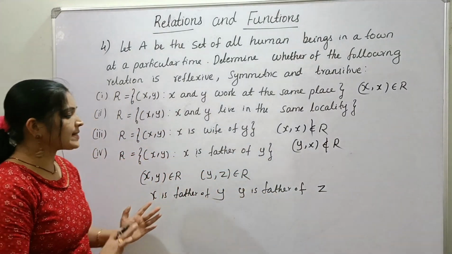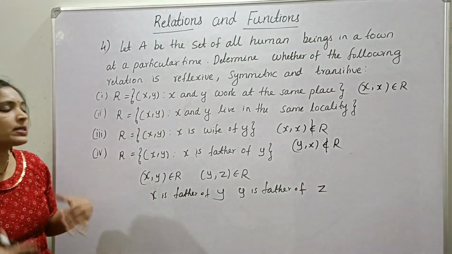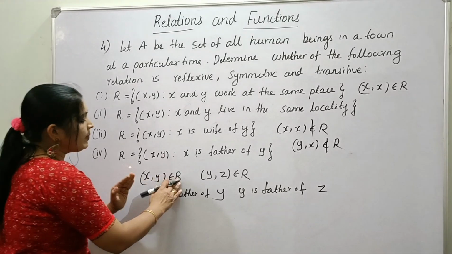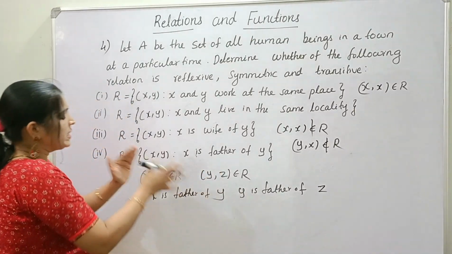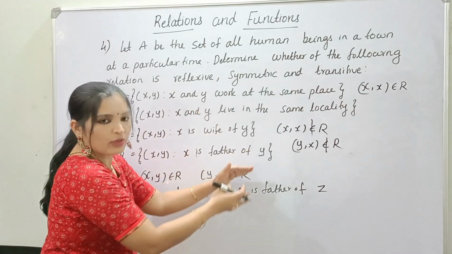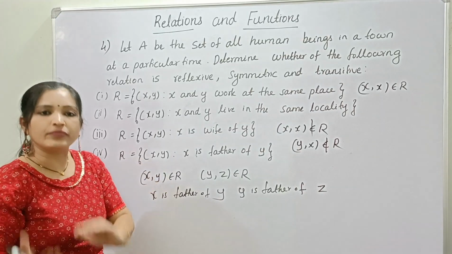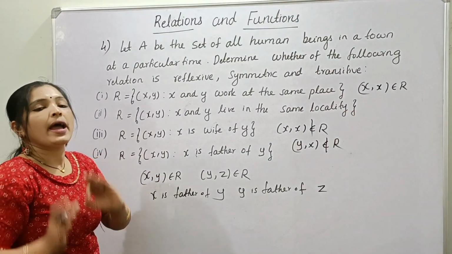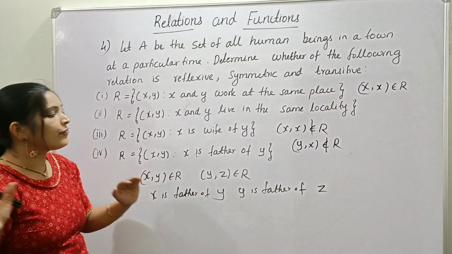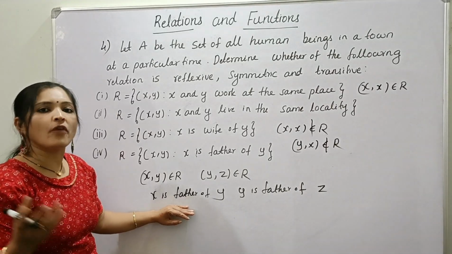So, we cannot say X is father of Z. XY belongs to R means X is father of Y, and YZ belongs to R means Y is the father of Z. But X is not father of Z. It is not possible.